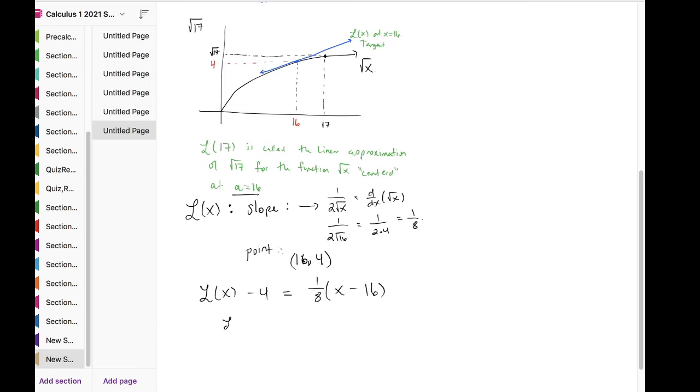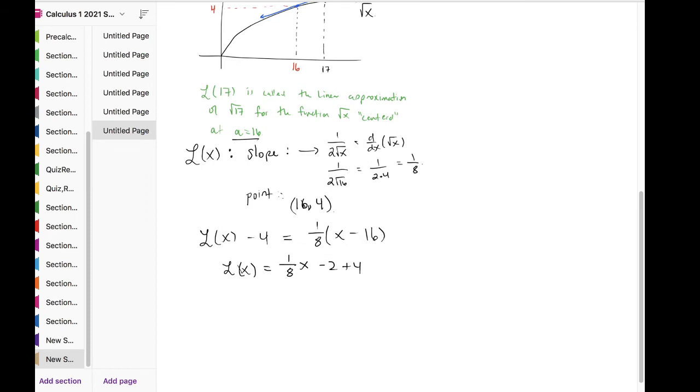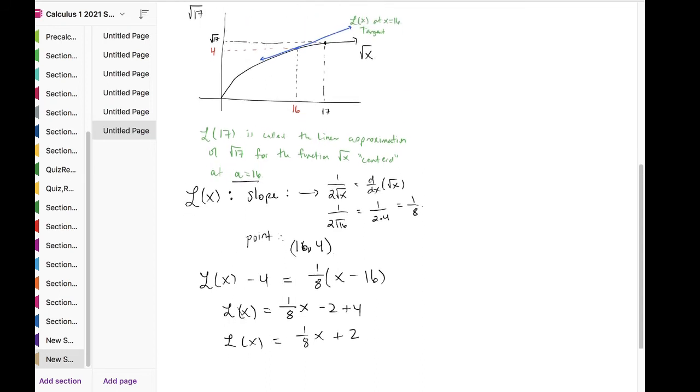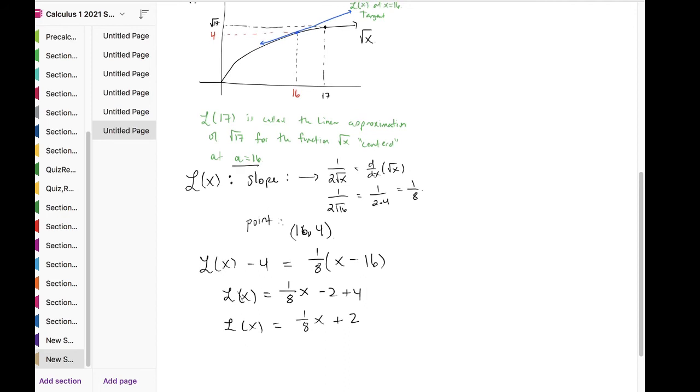So we get L of x is equal to 1/8 x minus 2 plus 4. So L of x is equal to 1/8 x plus 2. Everyone agree that's the tangent line? I think so.